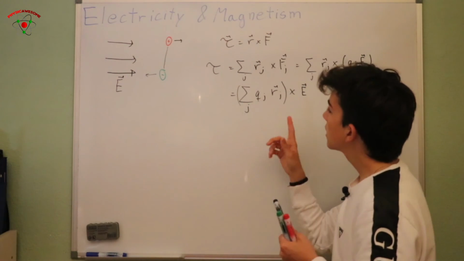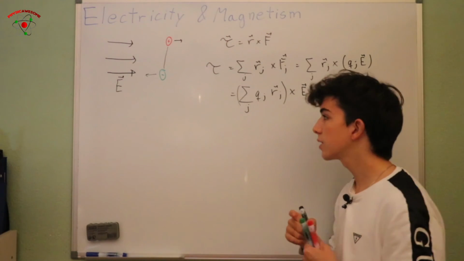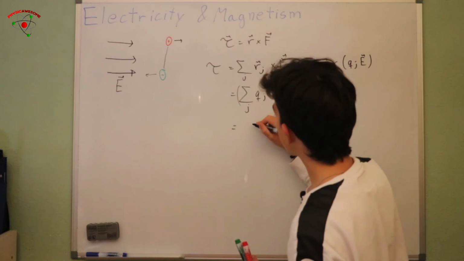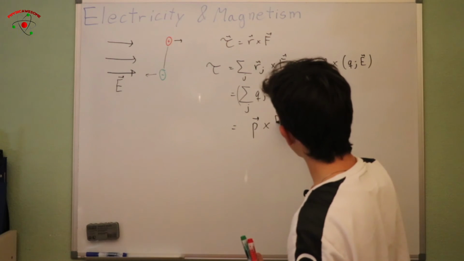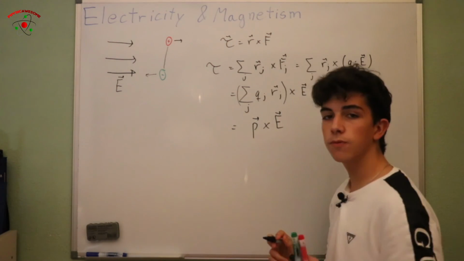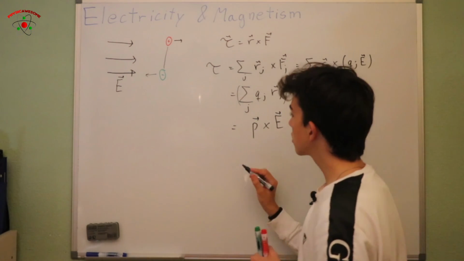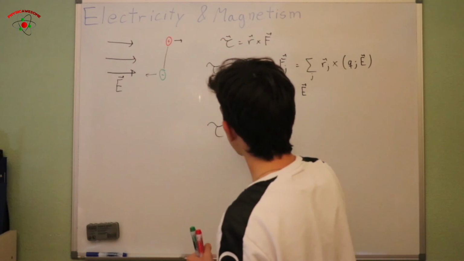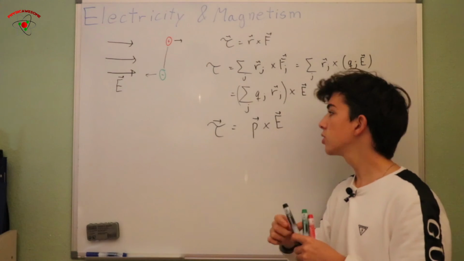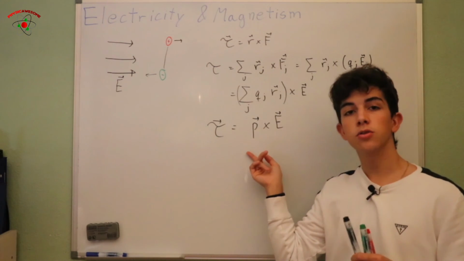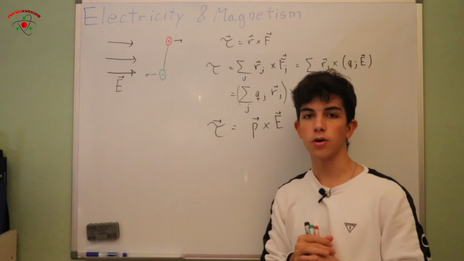And then, if you recall from the previous segment, this is no other thing than the electrical dipole moment. And therefore, we see that the torque that a dipole experiences is proportional to the electric field and to the dipole moment of the particle.